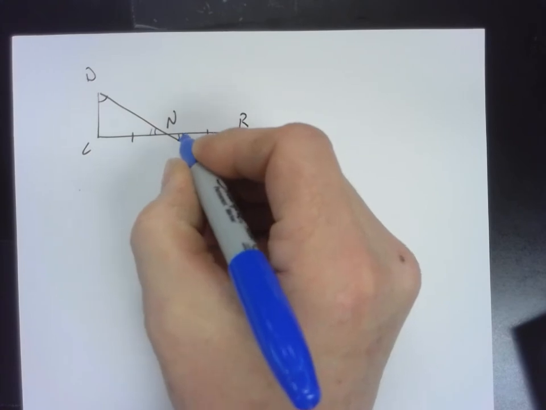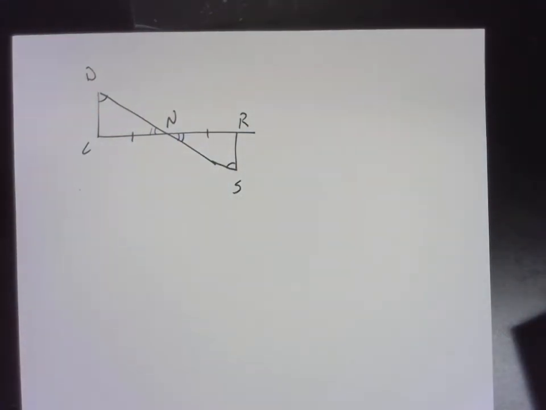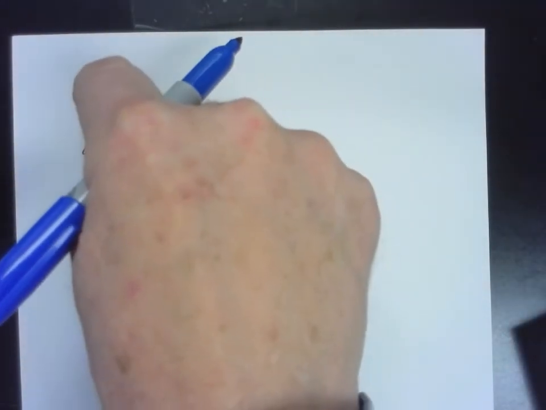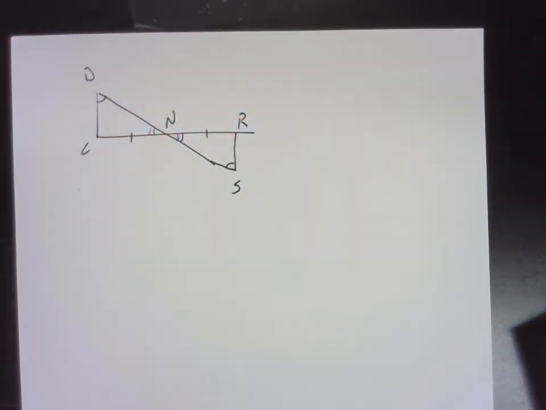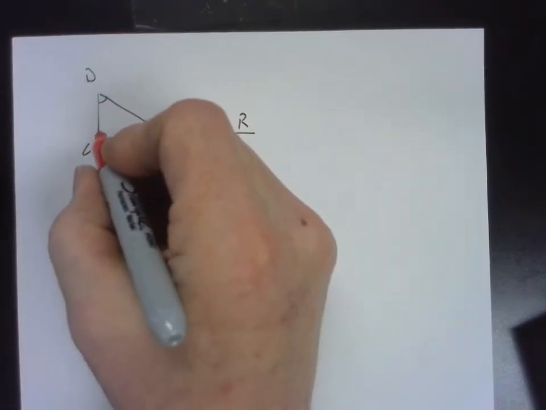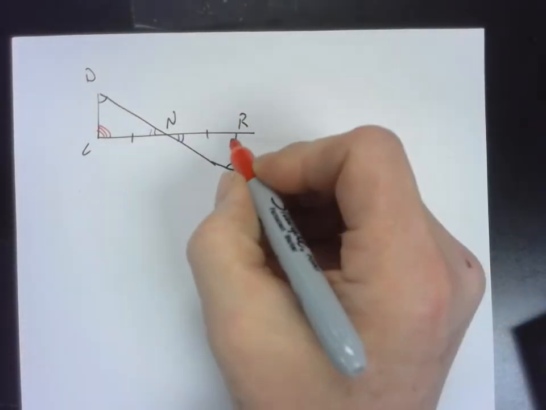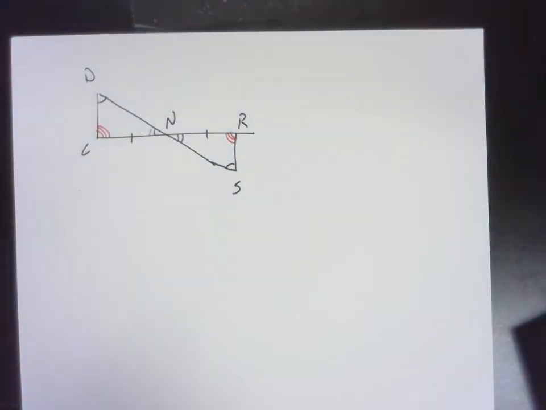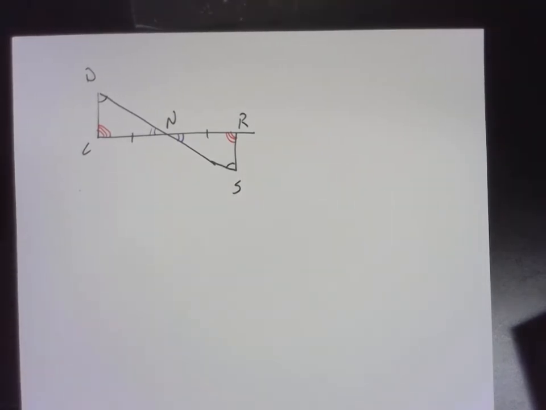The vertical angles are always congruent, right? Well, now we've got two angles in the two triangles congruent. What about the third angles? Now they look like right angles, but we don't really know if that's true or not, so I'm not going to mark them as right angles. Okay, so the three angles, so the triangles are at least similar, but are they congruent?